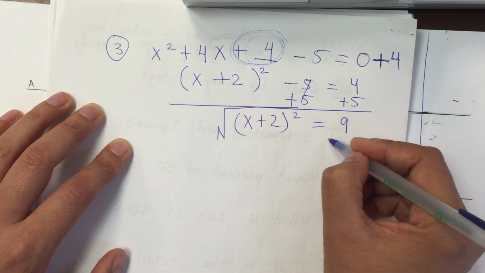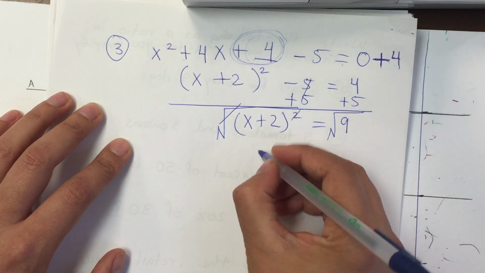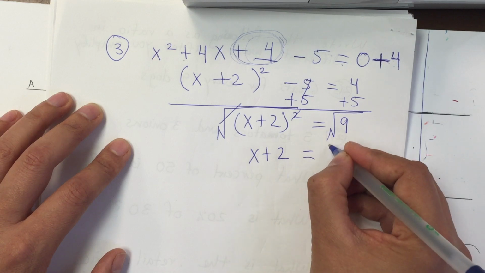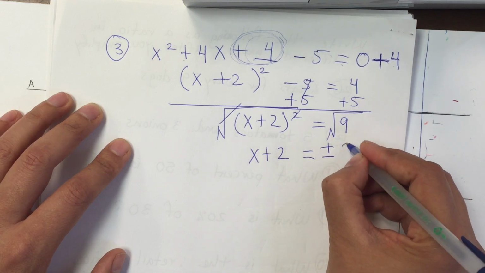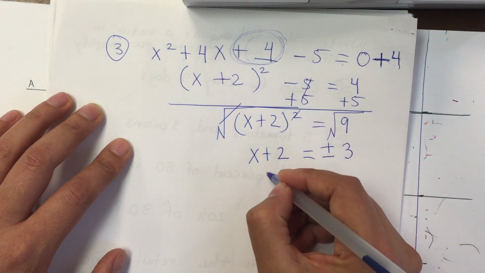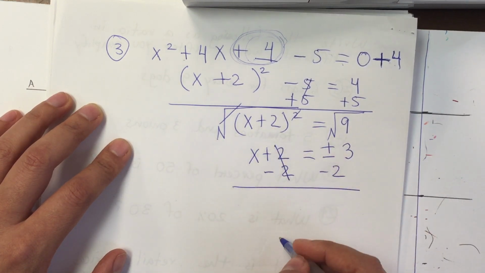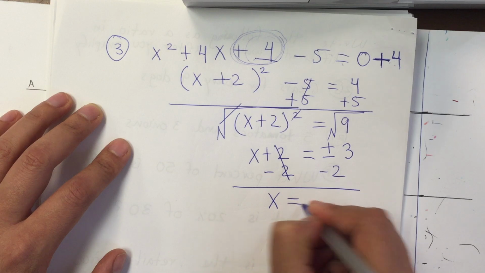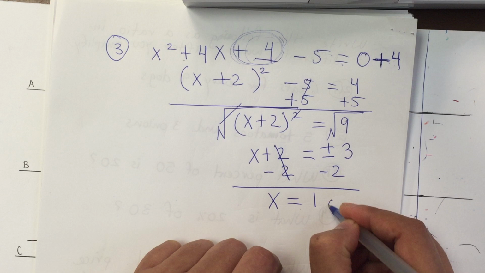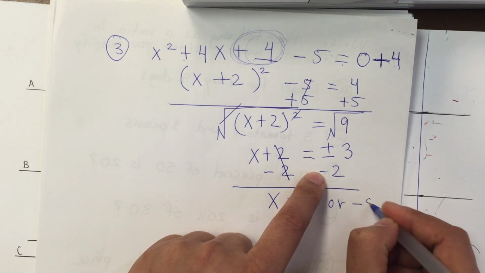We take the square root of both sides, and so x plus 2 is equal to plus or minus 3. Then I'm going to subtract 2 from both sides. And so x is equal to -2 plus 3, 1, or -2 minus 3, -5.